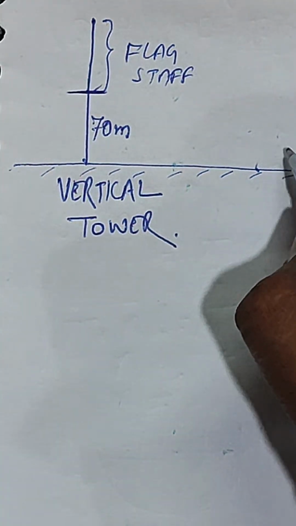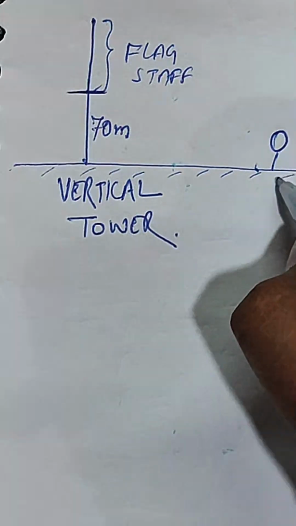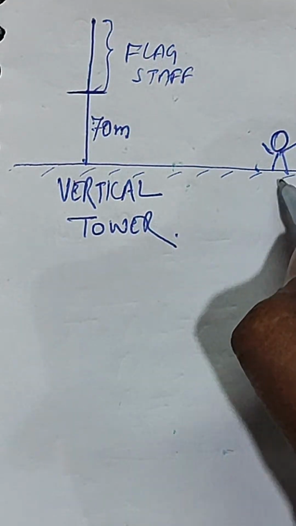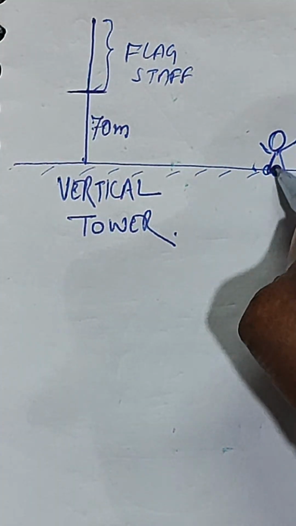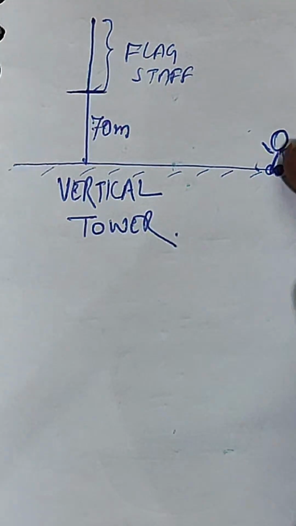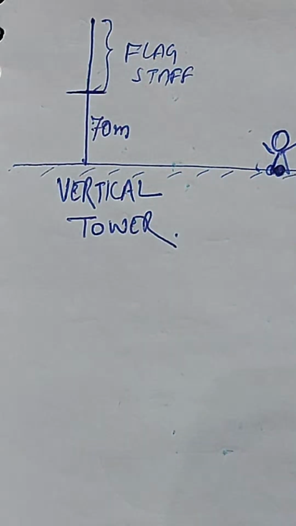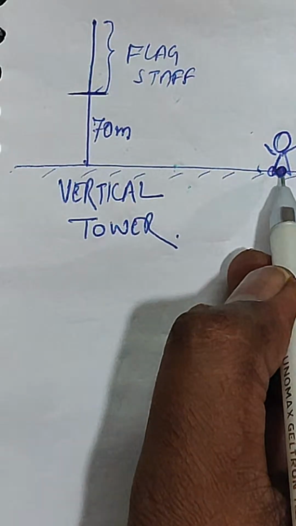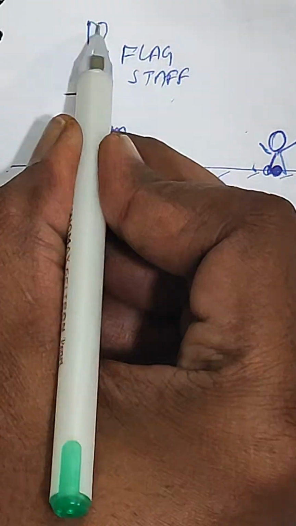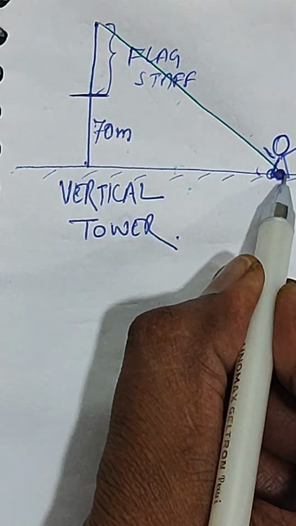Okay. So if the observer is here, let us treat him as standing over here, and the point of reference is on the ground. We are not considering the height of the observer, right? So if the observer notices the angles of elevation of the top and bottom of the flag staff, then from here the top will be like this, right?